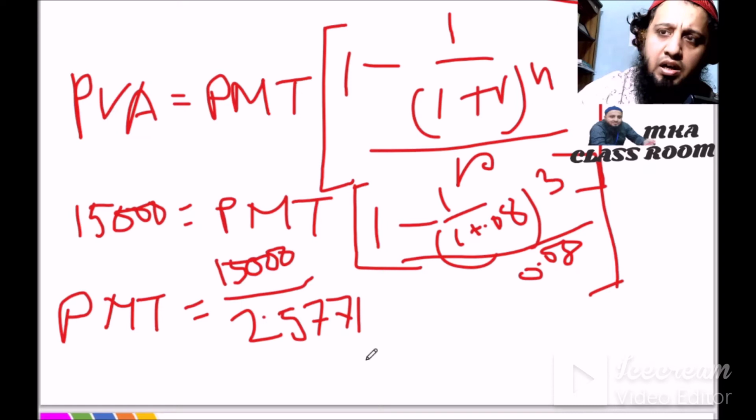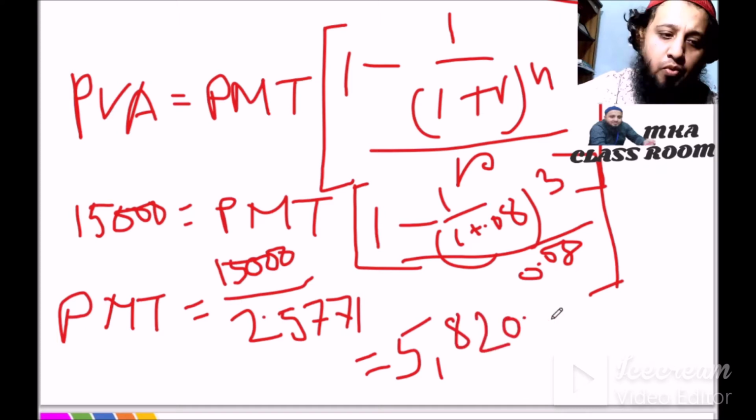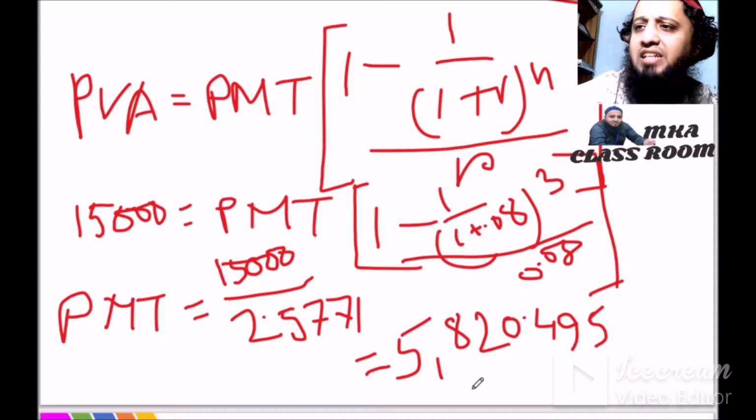And if we divide 15,000 by 2.5771, then the result should be 5,820.49, or you can write down 5,820.50, no problem.